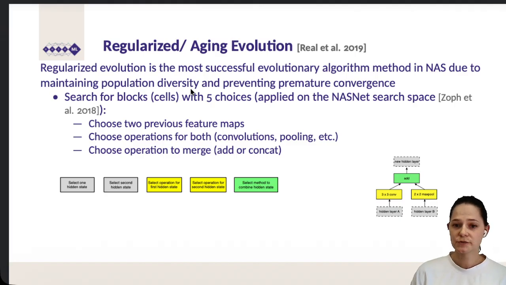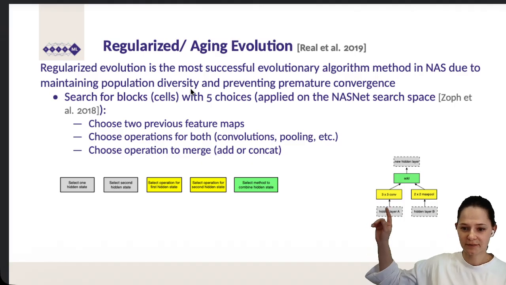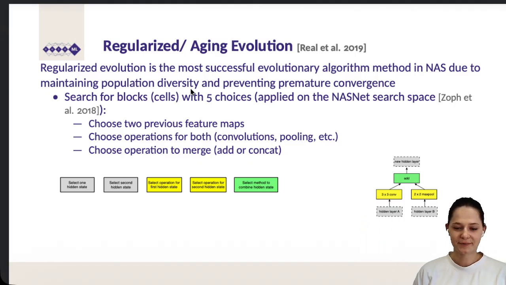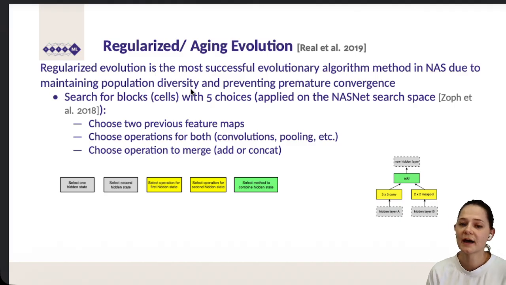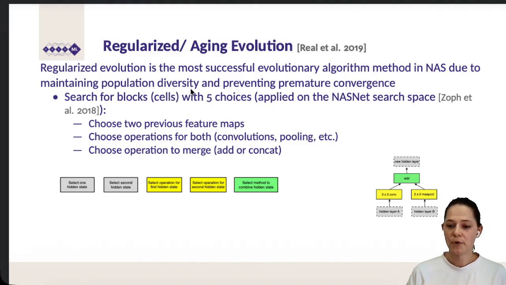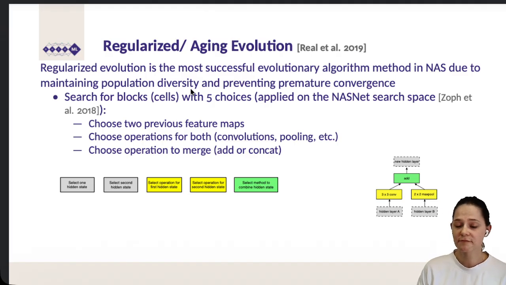We first of all choose for the 2 previous feature maps, which we can see here in the gray part, the operations for these 2 feature maps, and we ask what kind of merge we want to use for this operation, either an add or a concatenation. So we have 5 different hyperparameters which we want to adapt using categorical information, eventually leading to the overall cell, which we can see on the right-hand side.